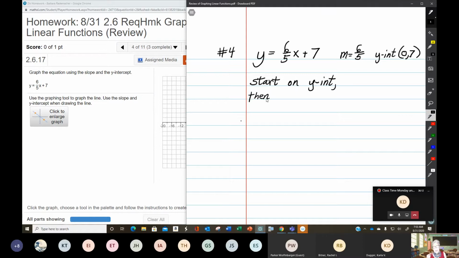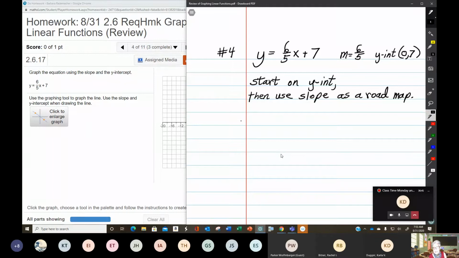So that means we have to kind of analyze the slope and what it really means. So let me write this out. Then use slope as a roadmap. Okay, so how do I use 6/5 as a roadmap?